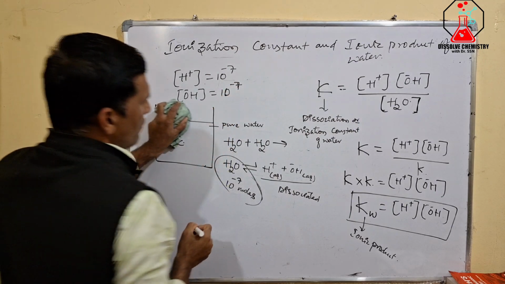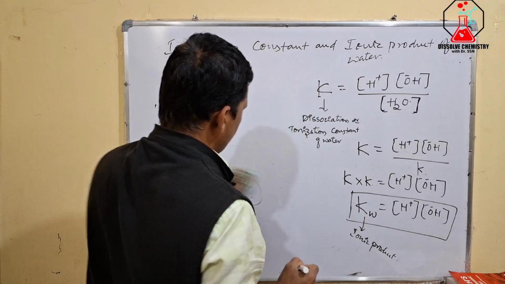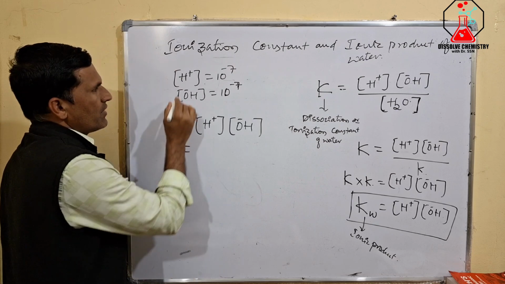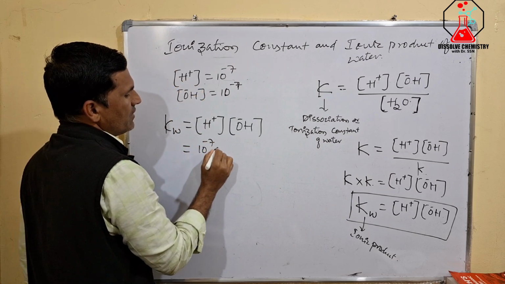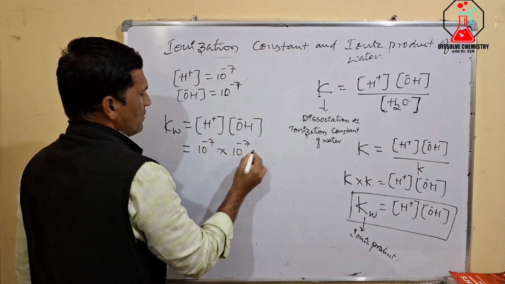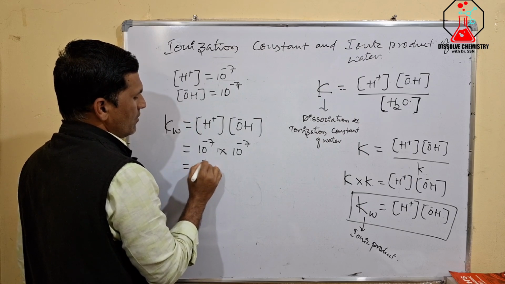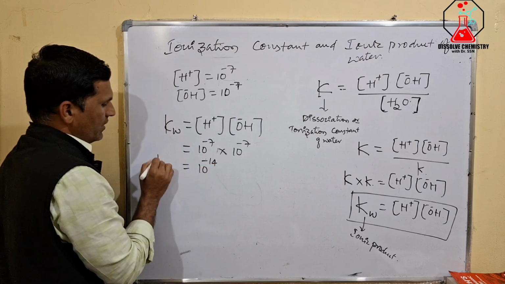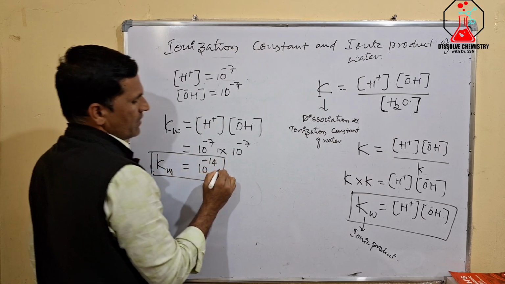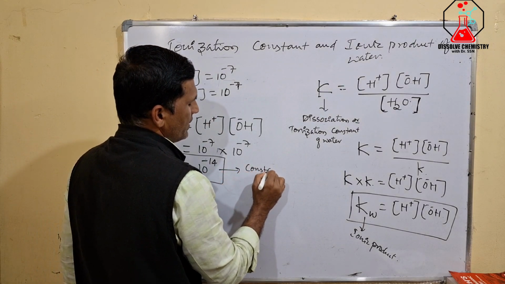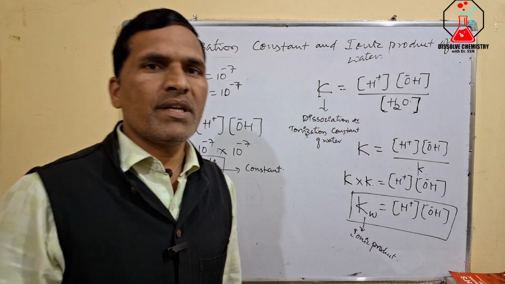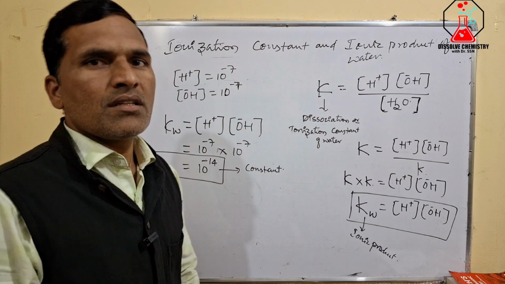So therefore, your ionic product of the water, Kw, is equal to 10 to the power minus 7 into 10 to the power minus 7. So therefore, it turns out to be 10 to the power minus 14. The ionic product of water is 10 to the power minus 14 and it remains constant. Overall, the product of H plus and OH minus ion always remains constant.